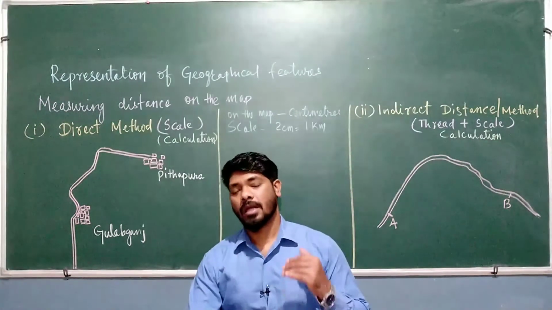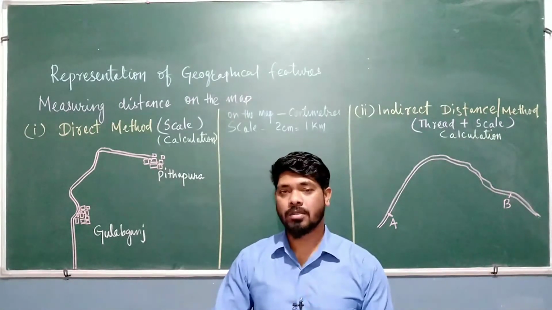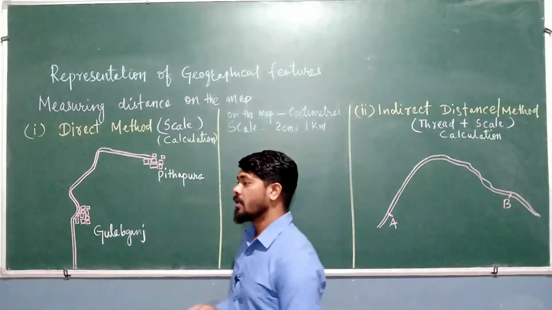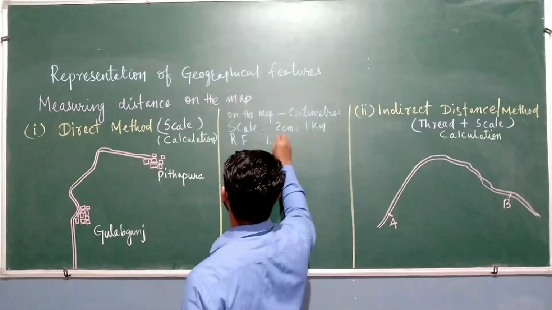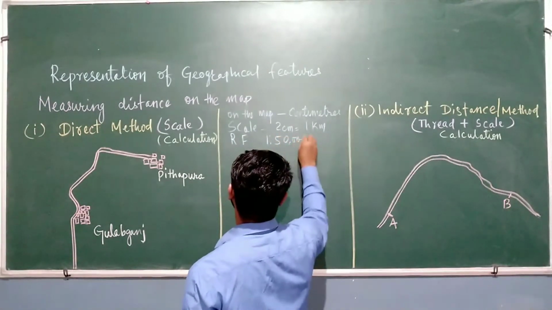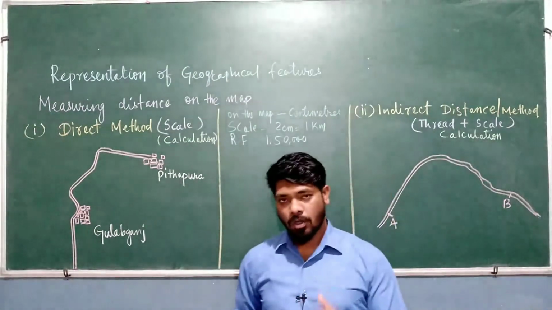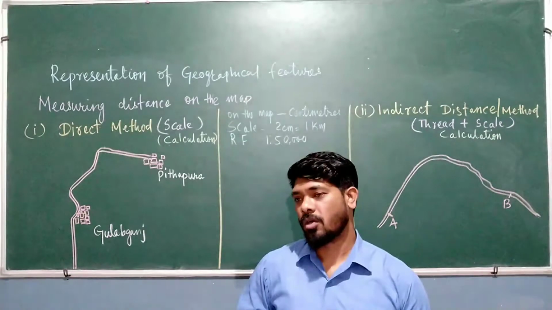Scale means the ratio between the distance between 2 points on the map and on the actual ground. And the RF of the scale is always 1:50,000. That means 1 centimeter on the map will be 50,000 centimeters on the ground.